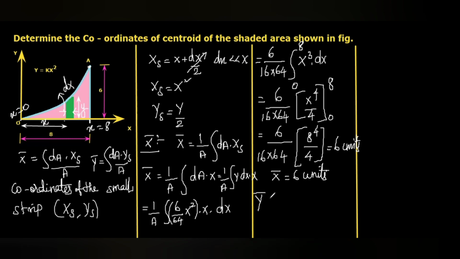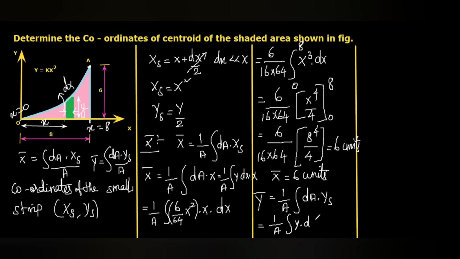Here y bar equal to 1 by A integral of dA into ys. Here ys we calculated y by 2, dA that is y dx, substitute both the values. This equal 1 by A, dA is y into dx, ys that is y by 2.